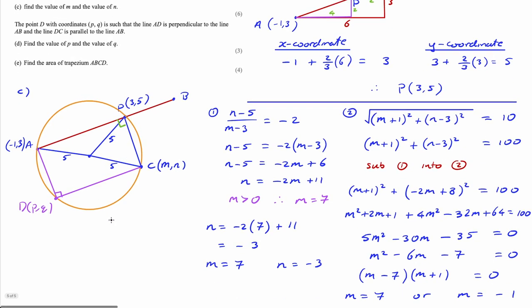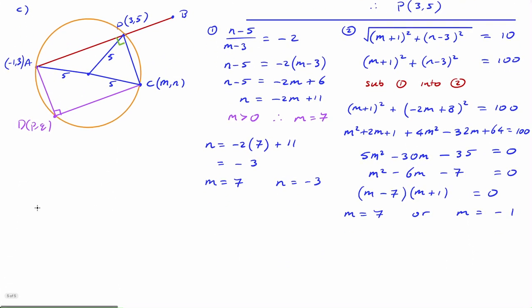Okay, so let's go down here. I'm running out of colors. Gradient of DC has to equal a half.